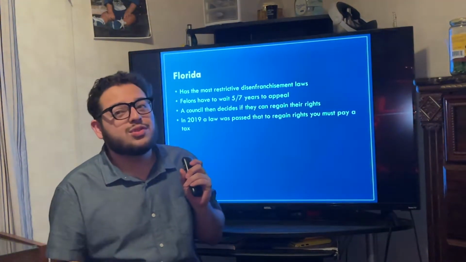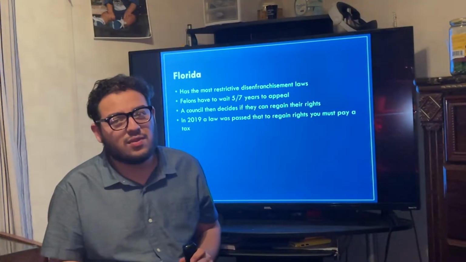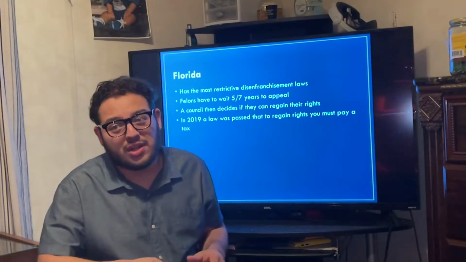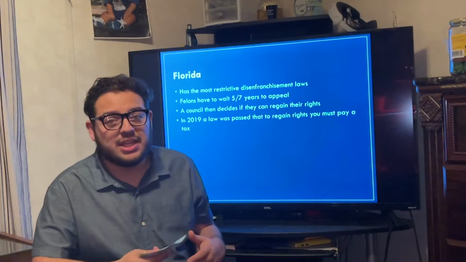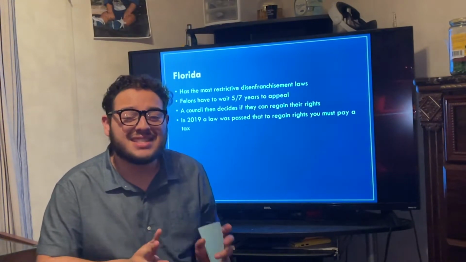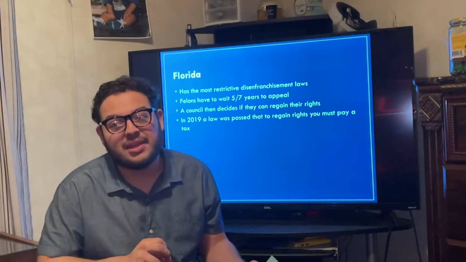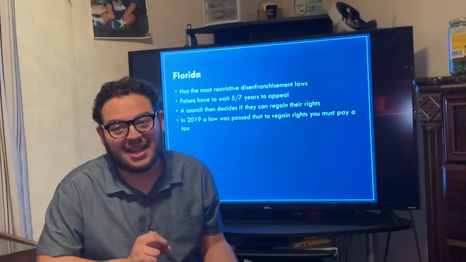So one of the most restrictive states for felon disenfranchisement is actually Florida. In Florida, after you are released from prison, you have to wait 5 to 7 years just to submit an application to appeal to get your voting rights back.